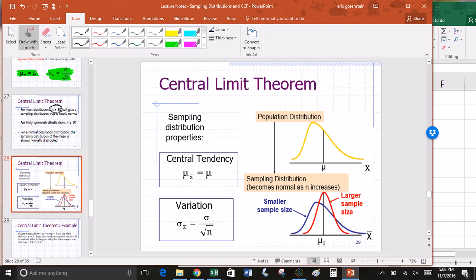So if our population is not a normal distribution, when you start sampling, those sample statistics will start looking like this red graph here. They will start looking like a normal distribution.